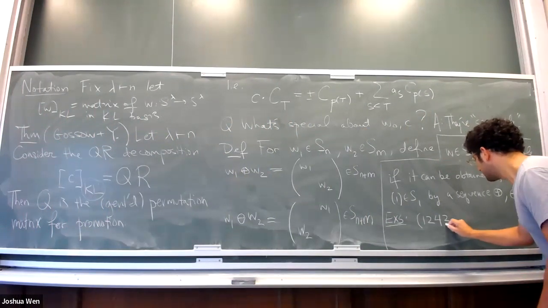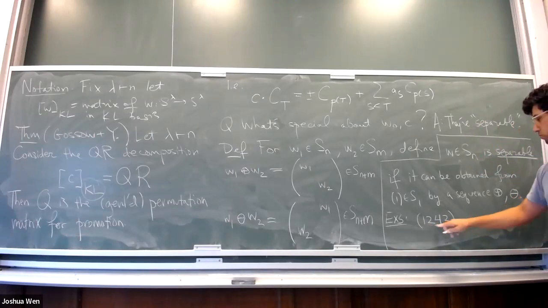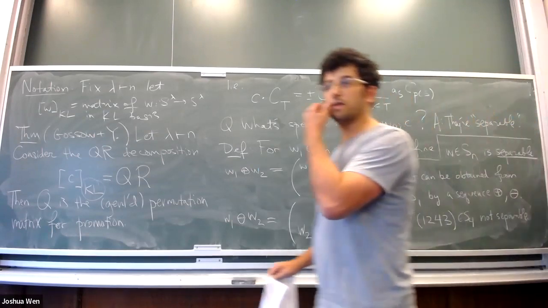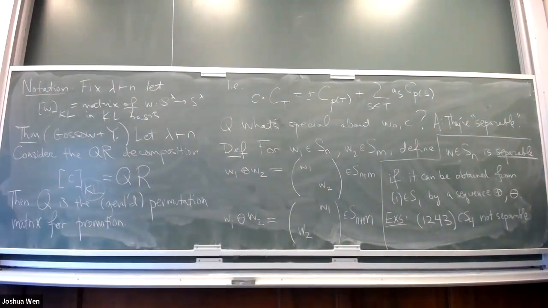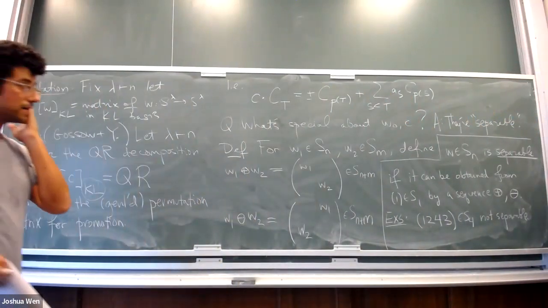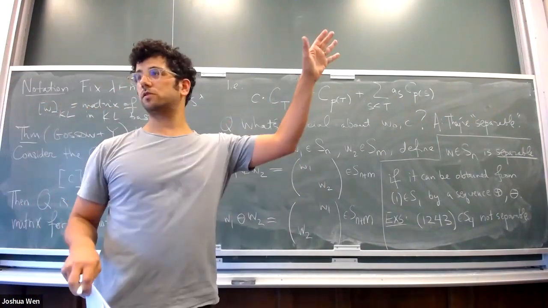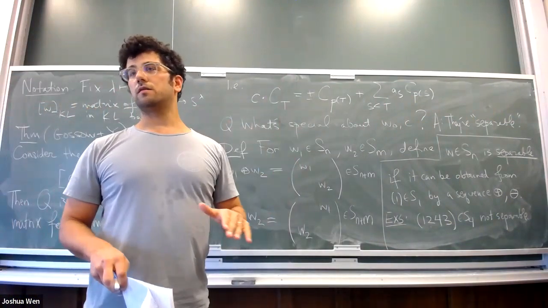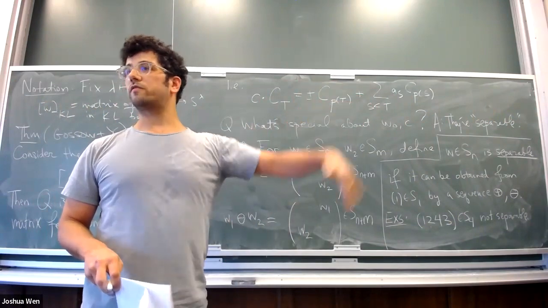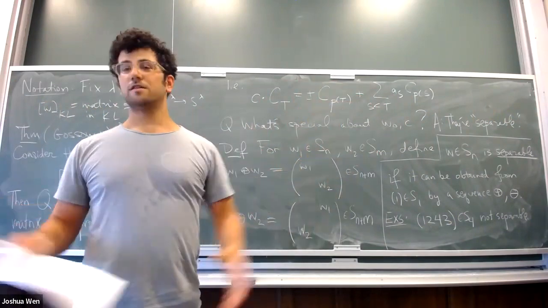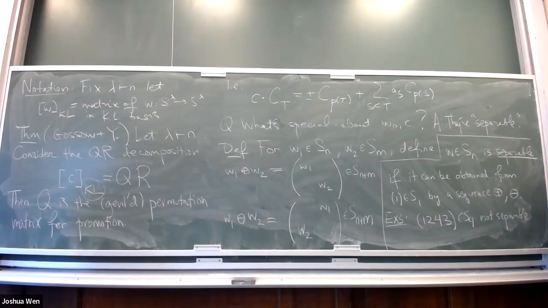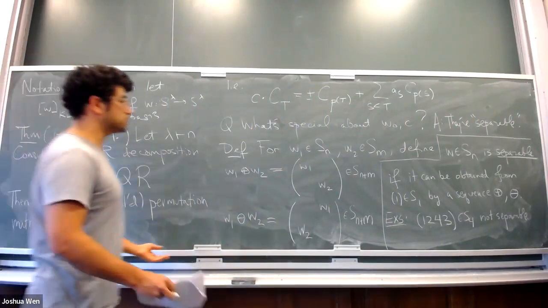In cycle notation, 1 goes to 2, 2 goes to 4, 4 goes to 3, and this in S4 is the first non-separable permutation. You can't write it in terms of these operations. But this class of separable permutations grows exponentially. Of course, in the limit, exponential over factorial goes to 0, so they're not most permutations in any way. But they are a large class of permutations.